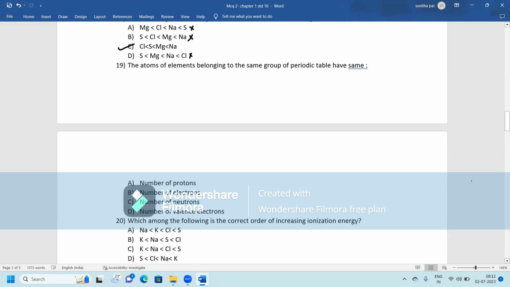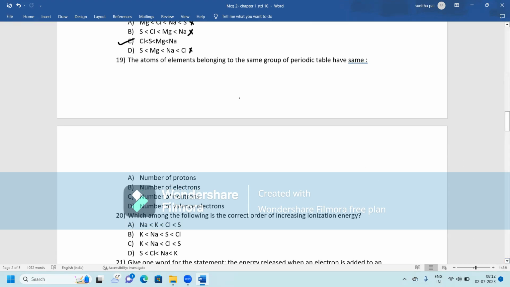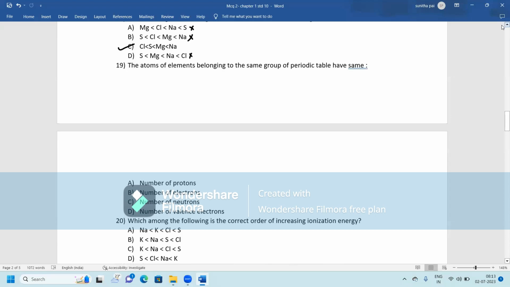Okay, now question number 19. Atoms of elements belonging to the same group of the periodic table have the same what? Let's read it again. What will they have in common? Number of protons? No. Number of protons vary whether you move across a period or down a group.